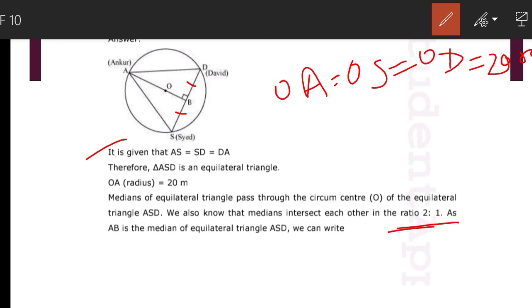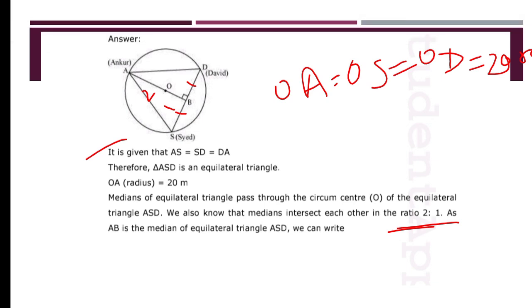So the line AB is the median of the equilateral triangle ASD, and the distance OA is 2 and OB is 1, since the point O, which is the centroid, the center of the circumcircle or circumcenter, divides the median in 2:1 ratio.